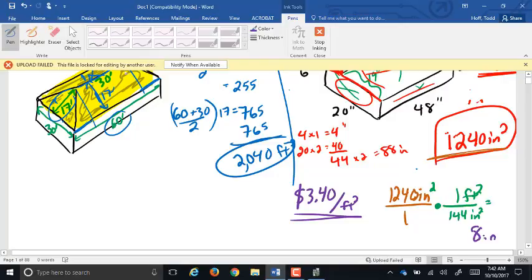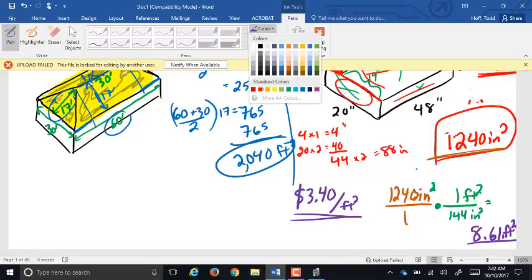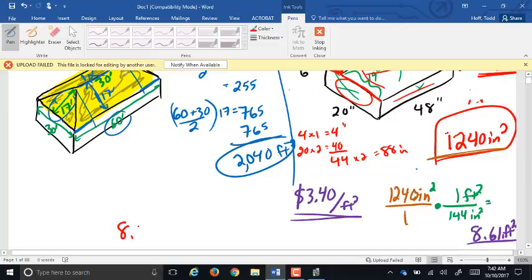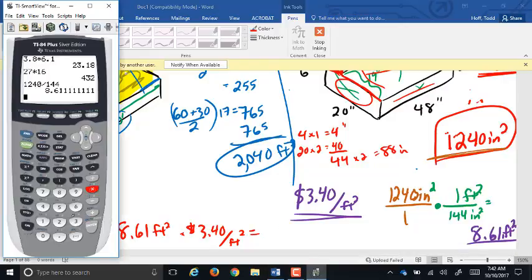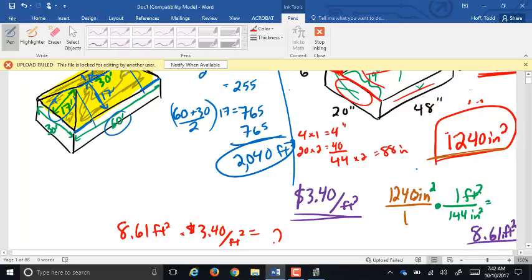Square feet. So then the price is going to be 8.61 square feet times the $3.40 per square foot. $29.28.